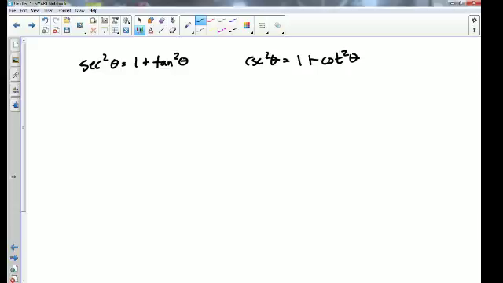Right? I could say, here's secant, calculate tangent, right? Or I could say, here's cosecant, calculate cotangent, or any of those versions, right?